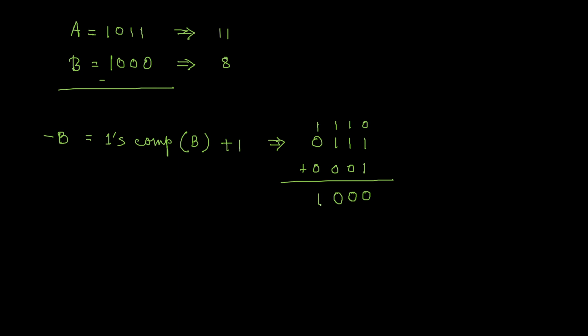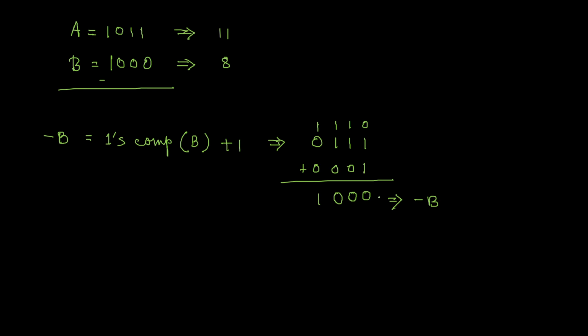Yes, so this becomes the 1's complement. You see, surprisingly, the 1's complement of this 1000 is 1000 itself. So this is an interesting situation, but it's true that now this is representing minus b, right?